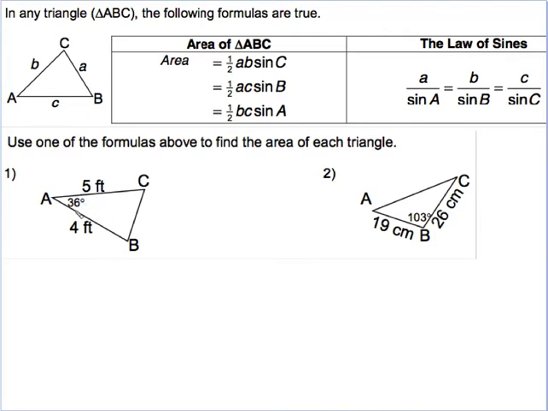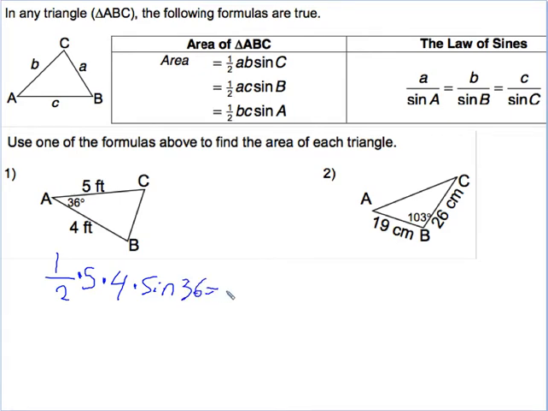So let's look at two problems. I have this triangle. I have a side of 5, a side of 4, and an angle of 36. So my formula is going to be 1/2 my side B, which is 5, times my side C, which is 4, times the sine of angle A, and angle A is equal to 36 degrees.